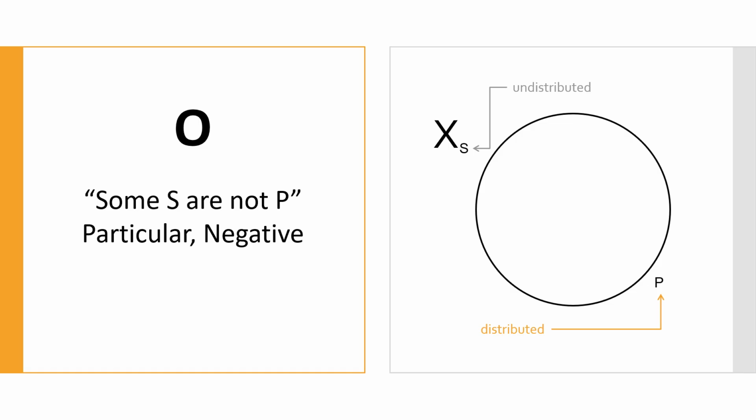Now, frankly, for what it's worth, all you need to do is memorize these. If you don't quite understand exactly why something is or is not distributed, you're still in a very good position to deal with this stuff in a functional way. The basic idea with distribution is, am I making some sort of universal claim about that class or category based on the kind of quantifier that I have?